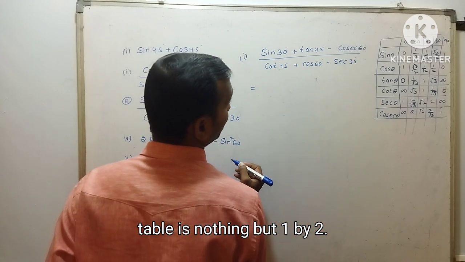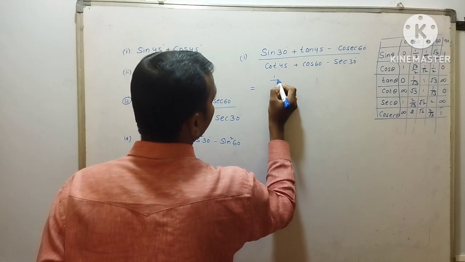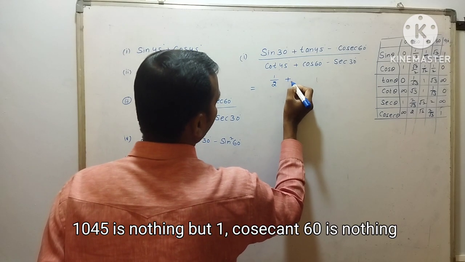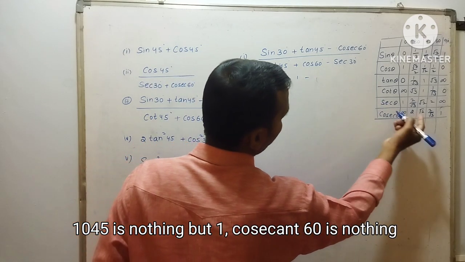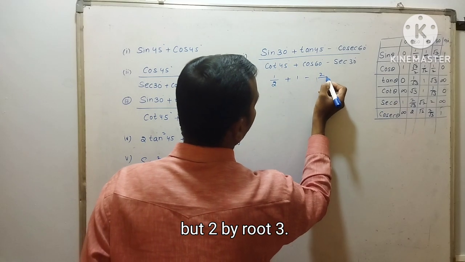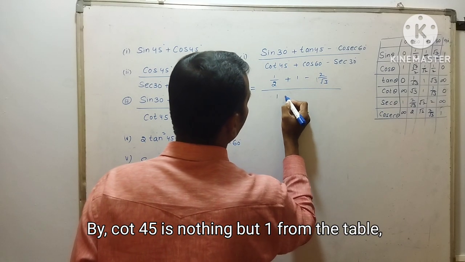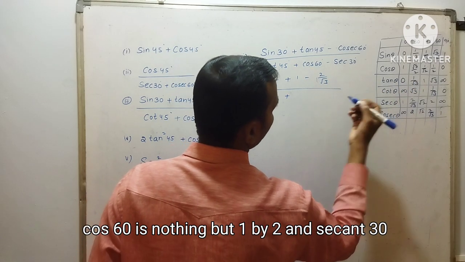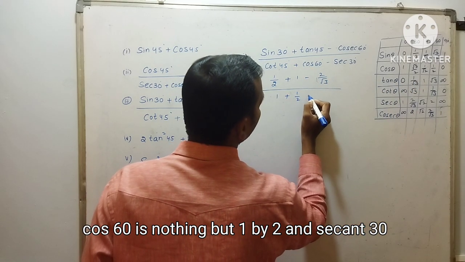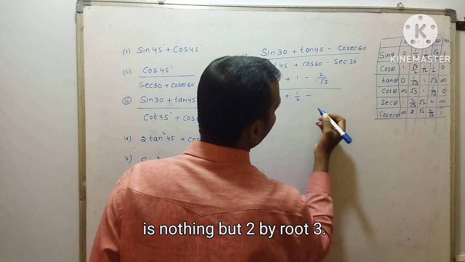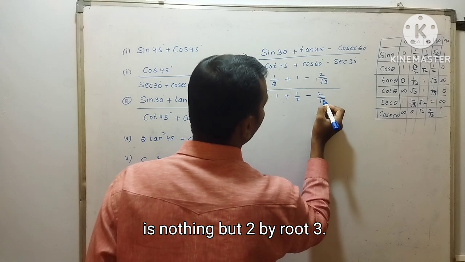Sin 30 from the table is nothing but 1 by 2. Tan 45 is nothing but 1. Cosecant 60 is nothing but 2 by root 3. By cot 45 is nothing but 1 from the table. Cos 60 is nothing but 1 by 2. And secant 30 is nothing but 2 by root 3.